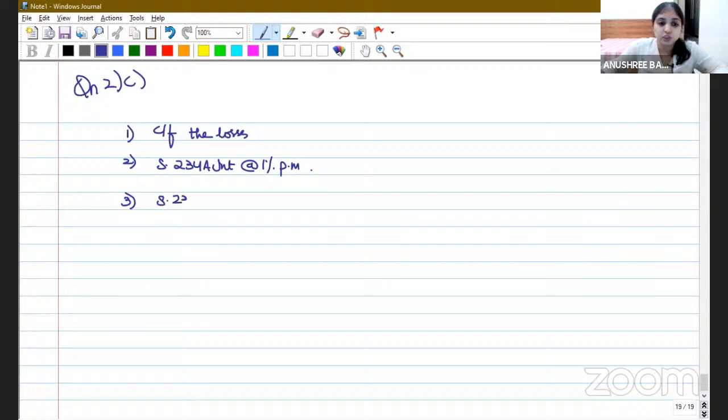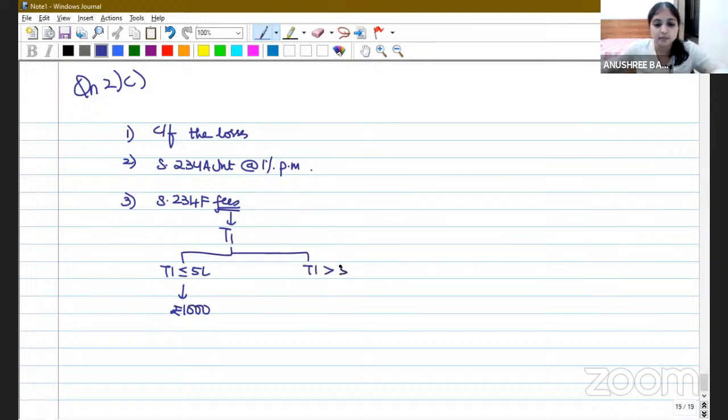Also, section 234F fees the assessee will have to pay. Now, what will this fee be? The fee will depend upon the total income of the assessee. If the total income of the assessee is less than or equal to 5 lakhs, then we will ask the assessee to pay 1000 rupees as fees.